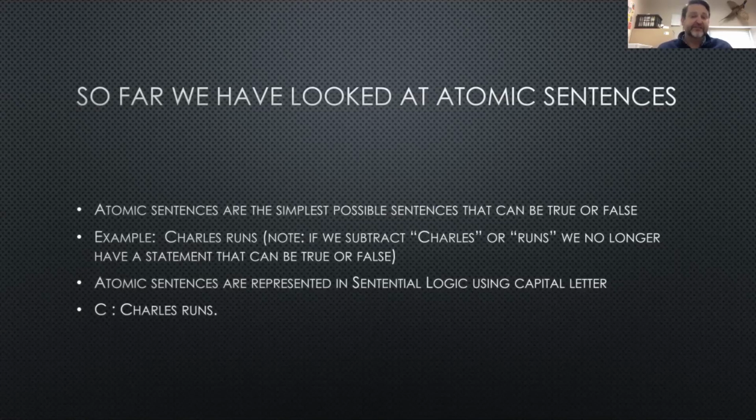So Charles hits the ball, for example. But the basic idea is atomic sentences have one verb and however many objects that verb takes. So again, atomic sentences are going to be represented in sentential logic using capital letters. So we'll use C to stand for the sentence Charles runs, for example.